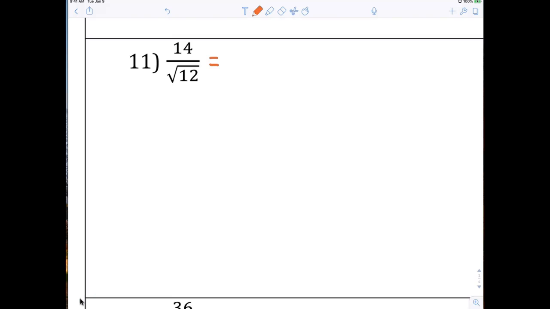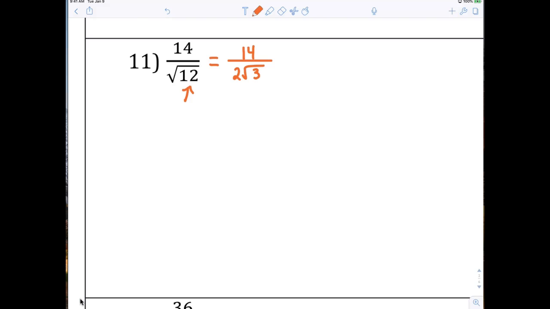You should automatically say it's 2 radical 3. So 14, and then this down here is 2 radical 3. Come on, I'm asking you to break down the square root of 12. We've done it for 3 days. How do I break down the square root of 12?